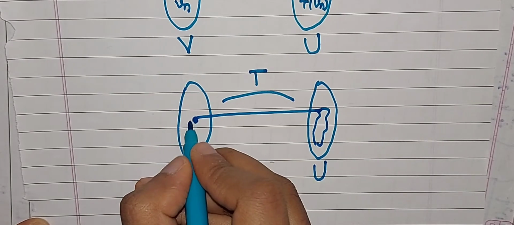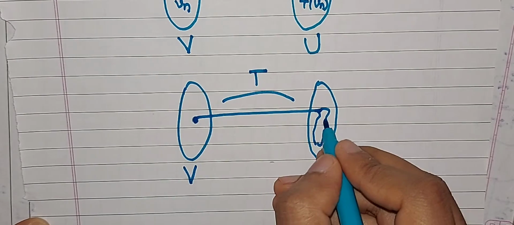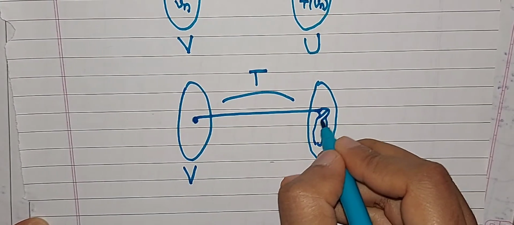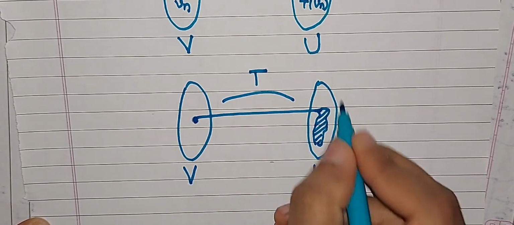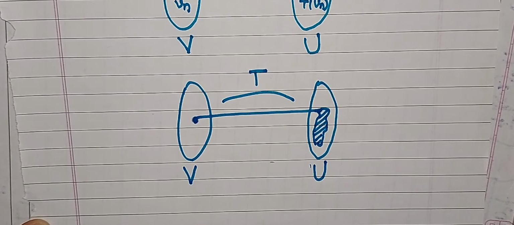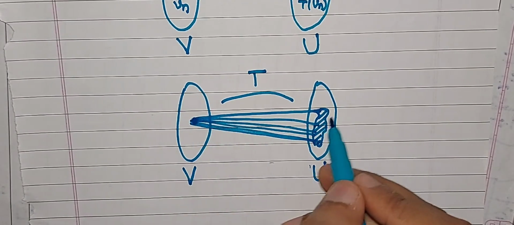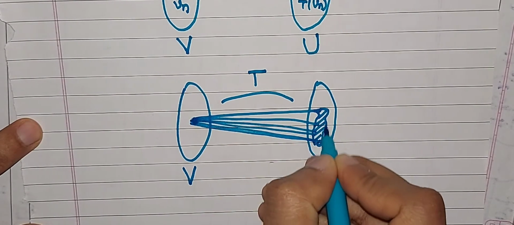So the collection of all of this domain, when we take its transformation, its image will be here in the codomain, that is our image set. Each and every element of the domain will give us an image in our codomain. So by definition we can clearly say that is the image set.